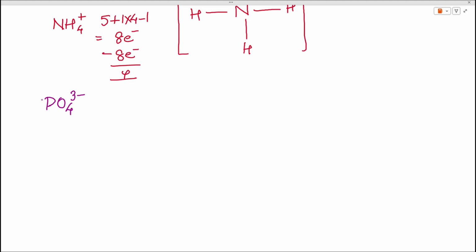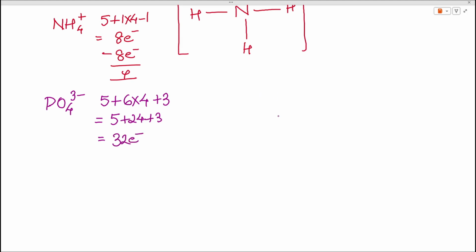Here, phosphorus has a total of 5 valence electrons plus oxygen has 6 multiplied by 4, because oxygen has 4 atoms, and a 3 negative charge indicates that 3 electrons have been accepted by it, so we need to add 3 to it. Now the total number of electrons is 5 plus 24 plus 3, which makes it a total of 32 electrons.